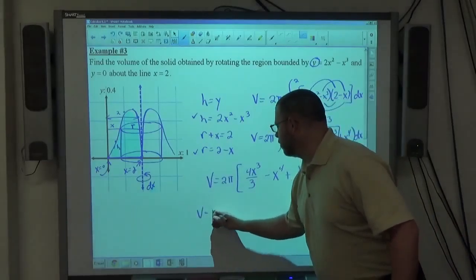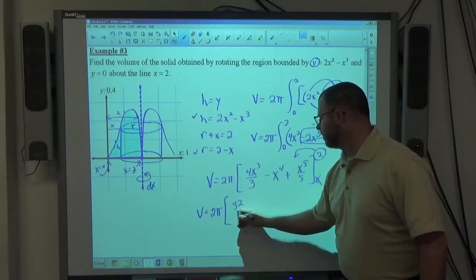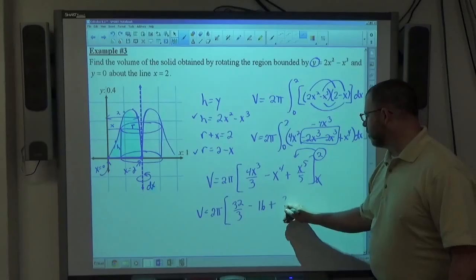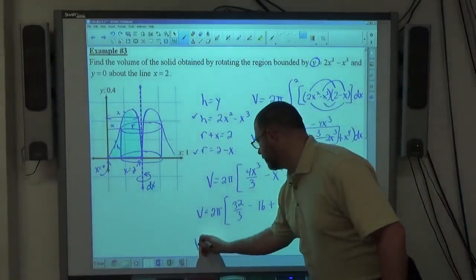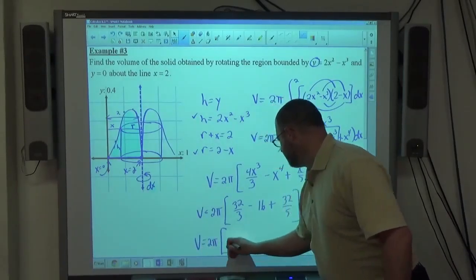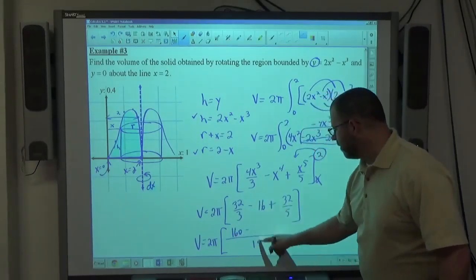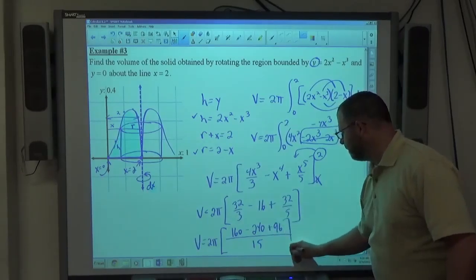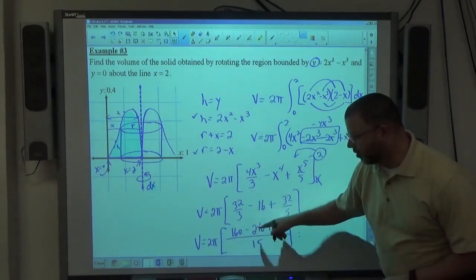So volume is going to equal 2 pi times, if I put 2 in, I'm going to get 8 times 4 is 32 over 3, minus 2 to the fourth is 16, plus 2 to the fifth is 32 over 5. Common denominator there is 15, so 2 pi, 15 on the bottom, times 5 times 32, minus 15 times 16, plus 3 times 32. 160 and 96 make 256, minus 240 makes 16.